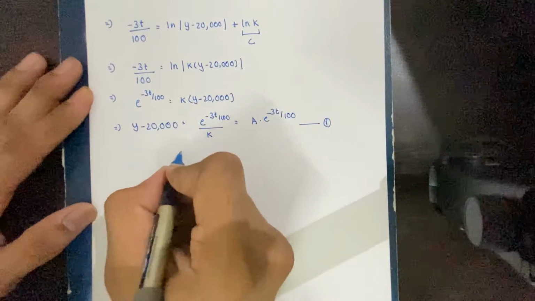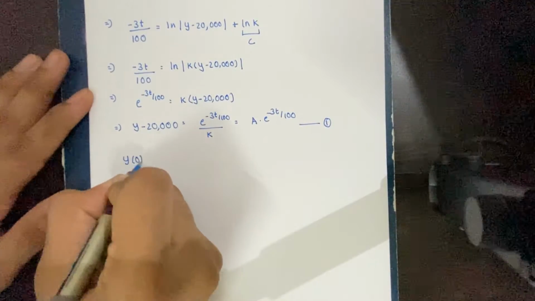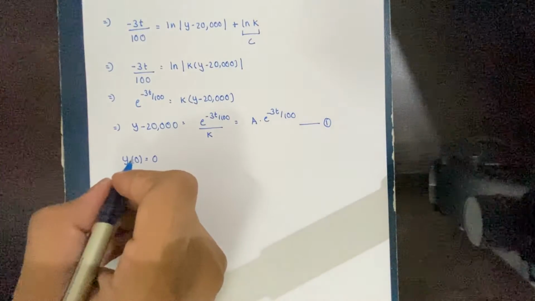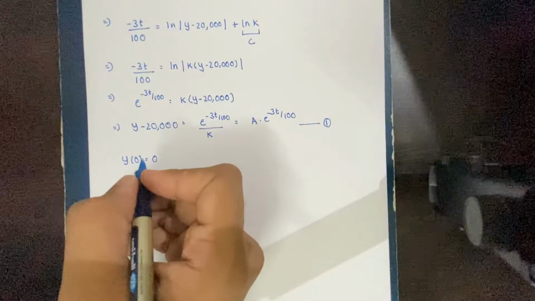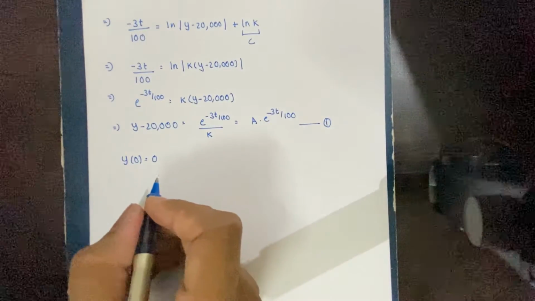Now we know that y of 0 is equal to 0. That means the fresh air in the room at time t equal to 0 is 0.